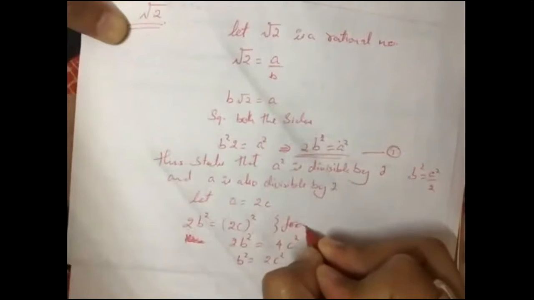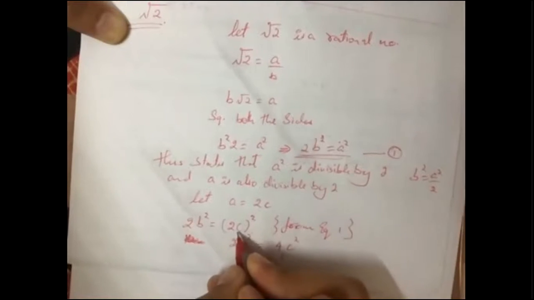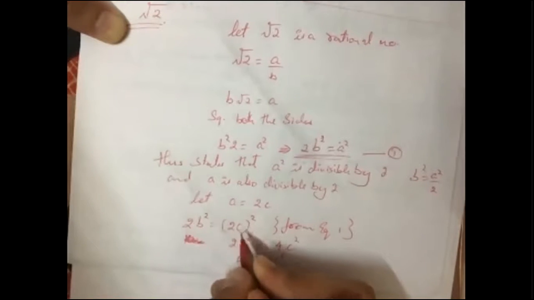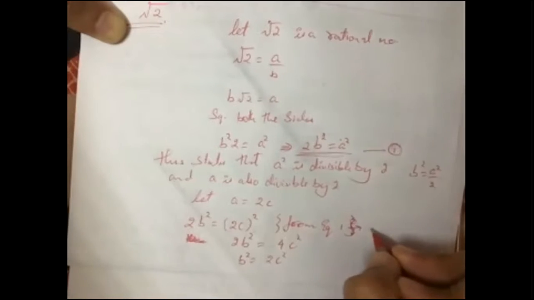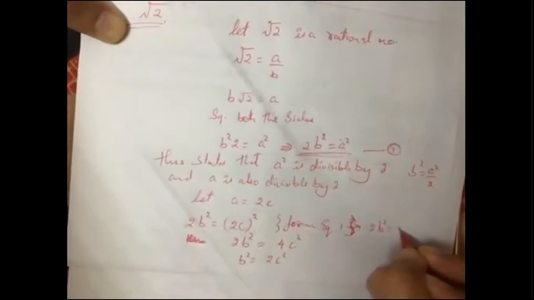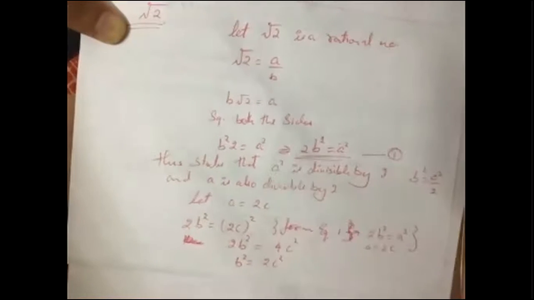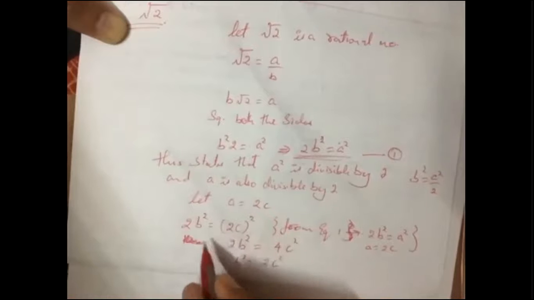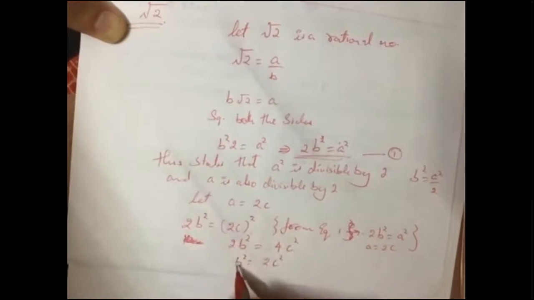Sir, but equation 1 तो 2b square equals to a square है. हाँ तो बेटा instead of a we are writing it as 2c. अच्छा ठीक है सर. आगे 2b square equals to a square, where a equals to 2c. a को क्या लिया हमने? 2c. Now next, 2b square equals to 4c square. 2 से 4 cancel होगा, क्या बचेगा? b square equals to 2c square.